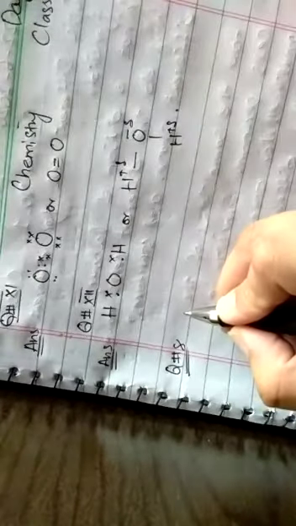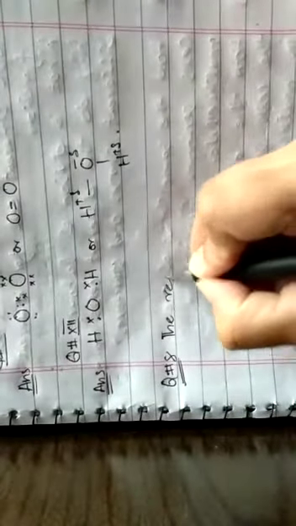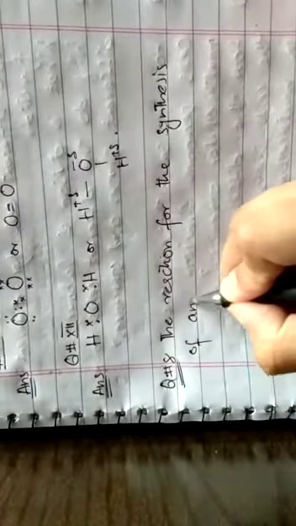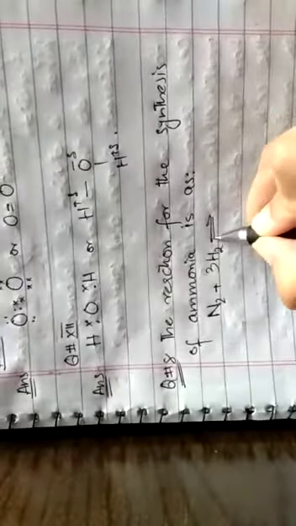The reaction for the synthesis of ammonia is as nitrogen plus hydrogen gives ammonia.